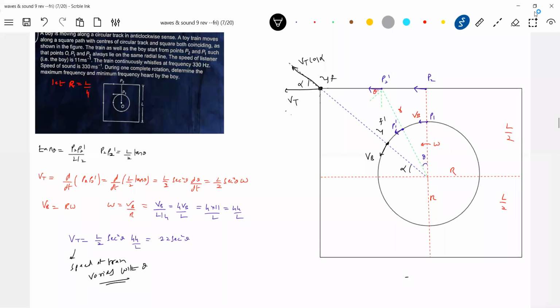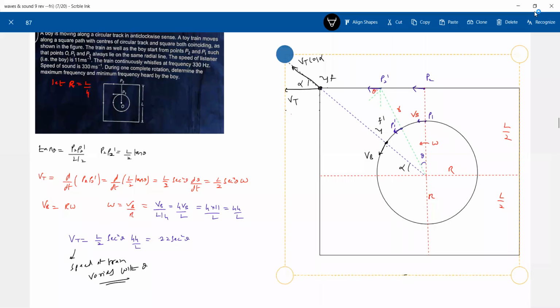The velocity of the train will be vertical. Then you resolve its component along the line joining the train and the boy. In that case, the component of velocity will be towards him, no? So I have two diagrams.